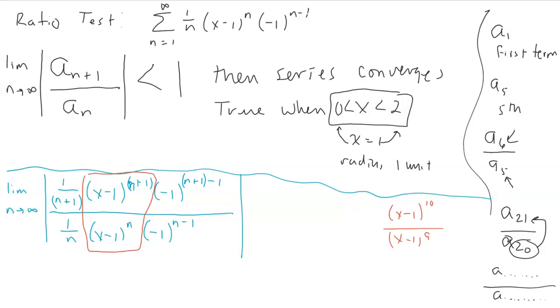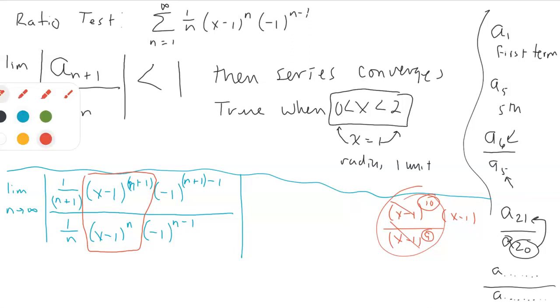what would happen is this is x minus 1 multiplied 10 times, and this is x minus 1 multiplied 9 times. The x minus 1s would all cancel out except for the one additional one in the numerator. All of this would simplify to be just x minus 1. And that would be true for anything. I picked 10 and 9 just to make my brain think, but it could be 101 versus 100. 100 of those x minus 1s and the 100 x minus 1s in the denominator would all cancel out, leaving you just a single x minus 1.